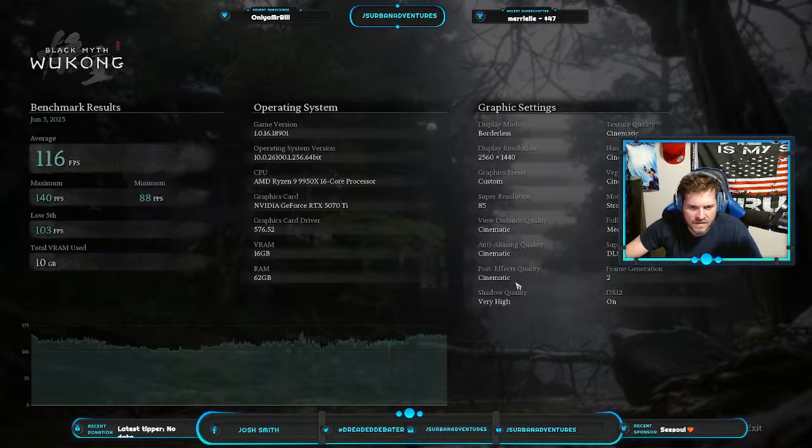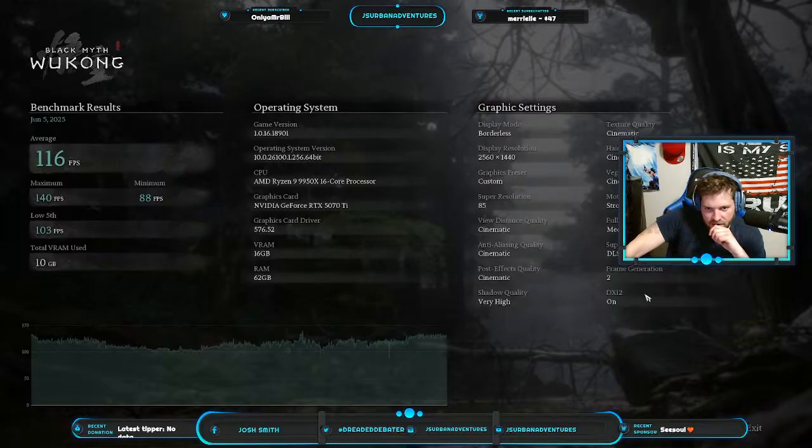Post effects quality, cinematic, 2x frame generation. Maybe take it down to no frame generation. And then 2x frame generation means that our average is 58.